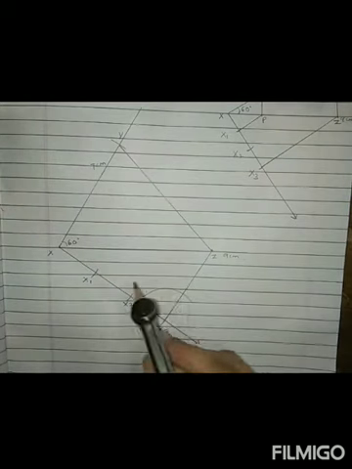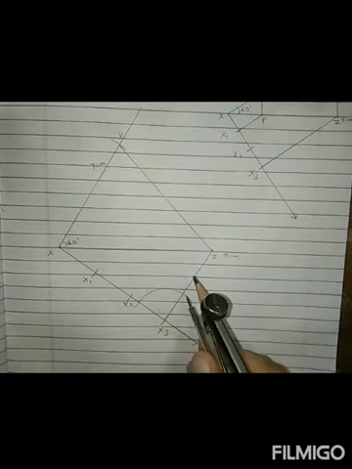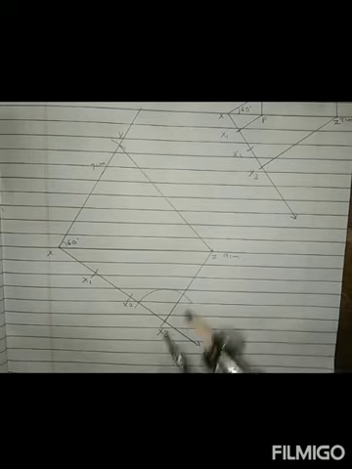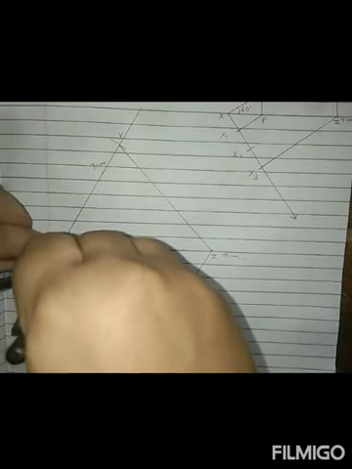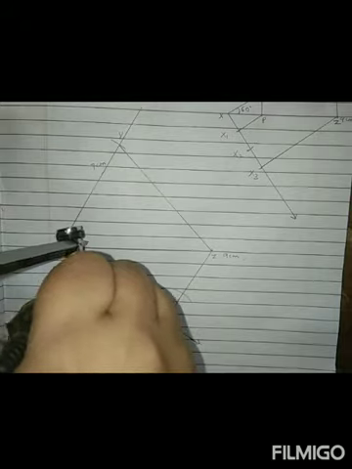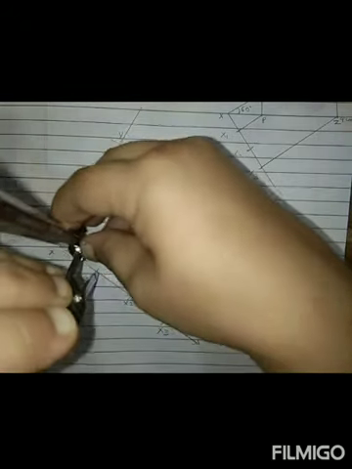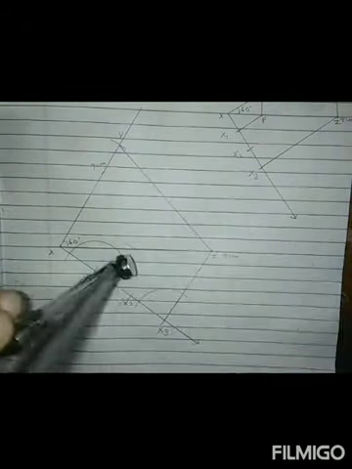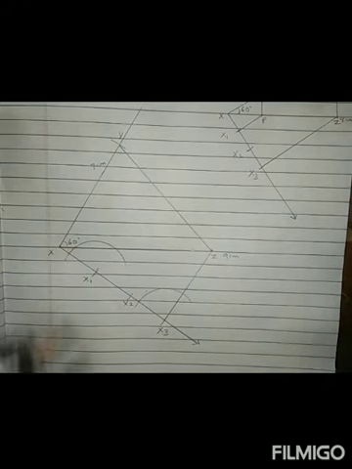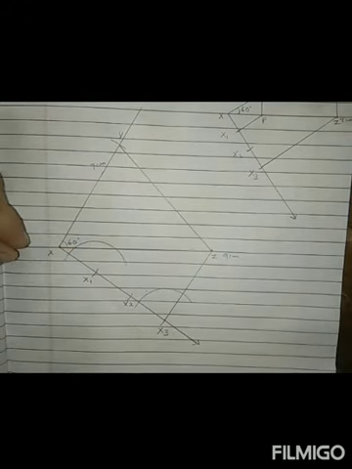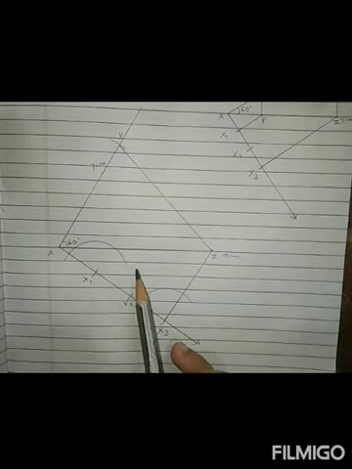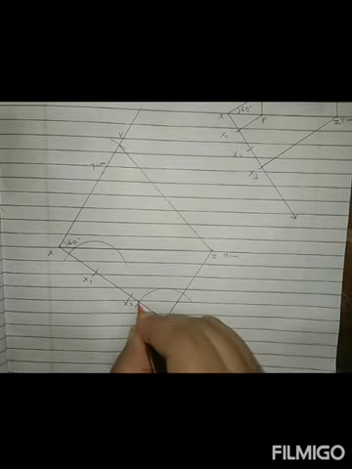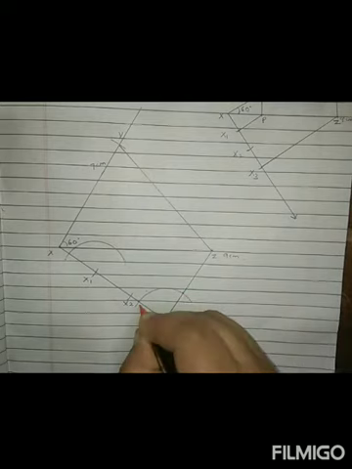So place your pointer or the compass on X3, take a suitable measurement and draw an arc to cut these two arms of the angle. The same measurement I'll place on X1 to draw an arc. Okay, now if this is going inside the triangle, there is no issue about it at all. Now last time, as I told you, let me just mark these points for you to see.